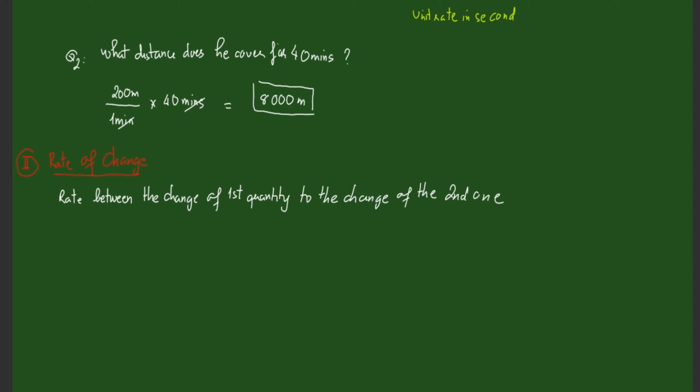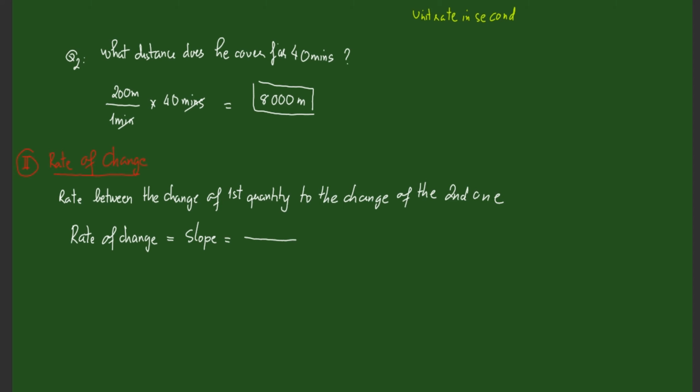Rate of change, sometimes we call that the slope. Rate of change is actually the slope, and the slope is the change, because this is the rate. So the slope is also the rate, it's a ratio.